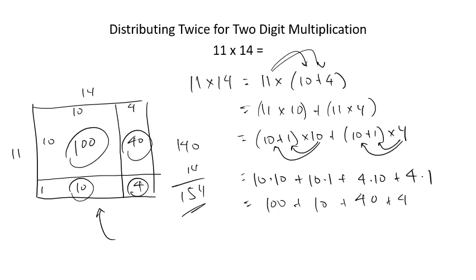And this could apply to much larger numbers. We could do 3-digit, 4-digit, whatever numbers we want, and we'll look at that when we get into section 4.6 on the standard algorithm for multiplication. But hopefully you see how this distributive property area model works and can be applied not just once but twice.